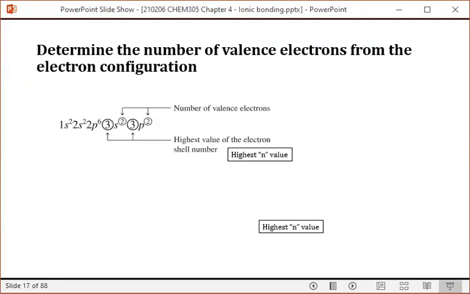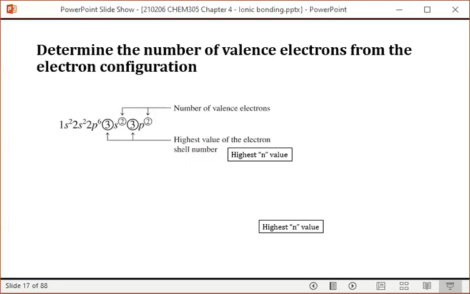So if we look at some electron configurations, here we have the electron configuration 1s2, 2s2, 2p6, 3s2, 3p2. Take a quick look at your periodic table and see if you can identify what element this corresponds to. Should be silicon. So if we look at the electrons in the highest energy shell, those are going to be the electrons with the highest n values.